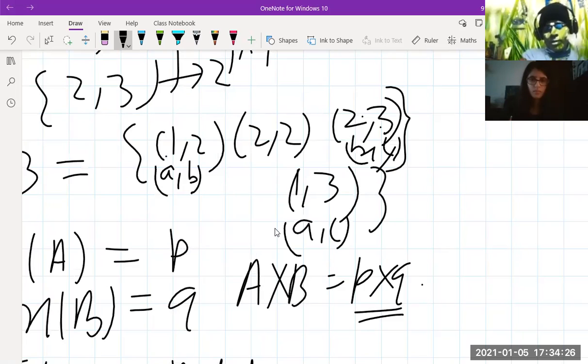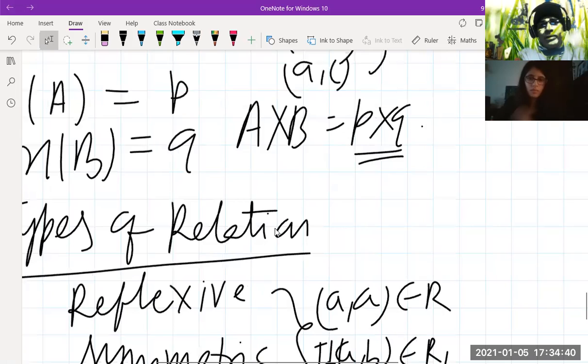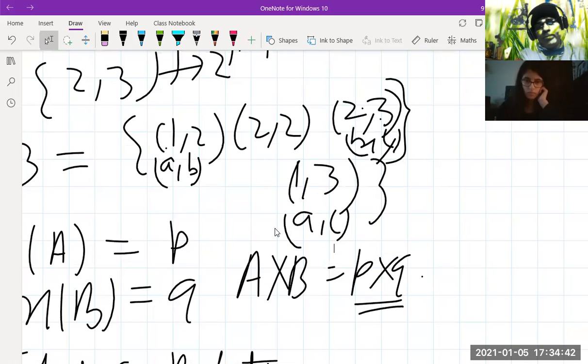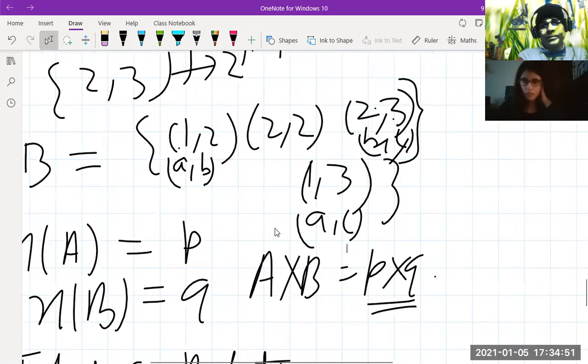So all three types of elements exist in the relation, so we say it is a transitive relation. What will be the symmetric relation? (2, 2). If the same kind of elements exist, then we say it is a symmetric relation, and reflexive relation as well.